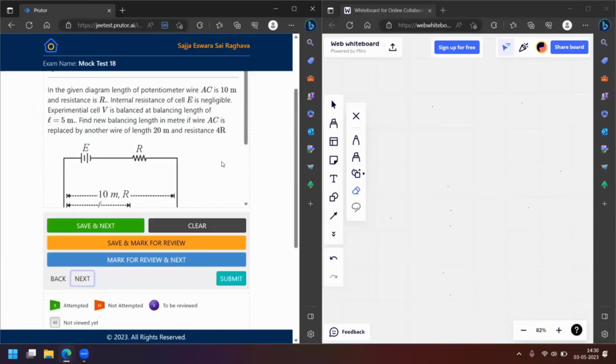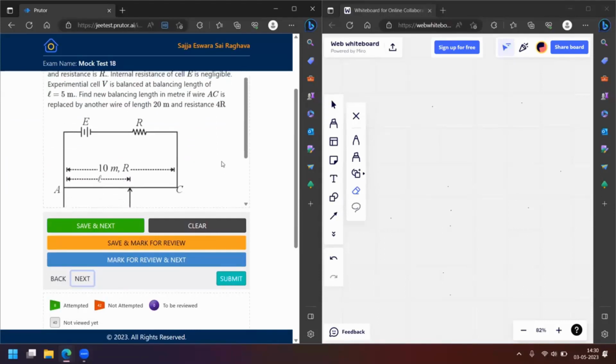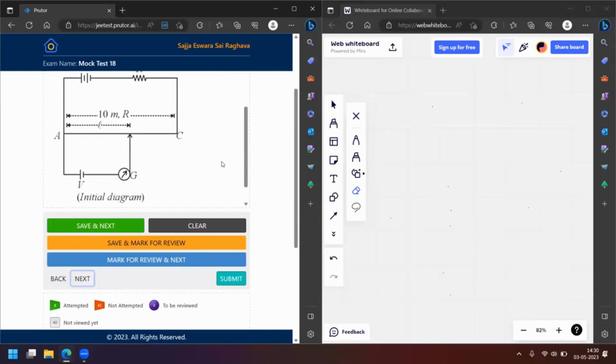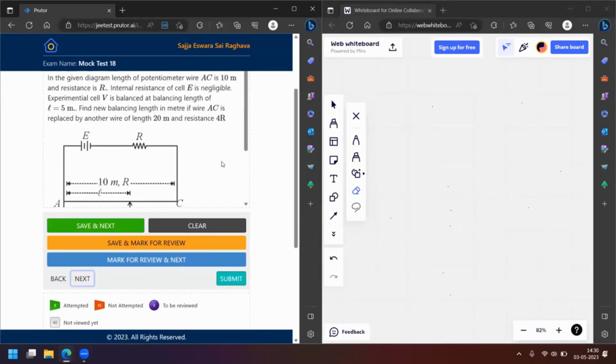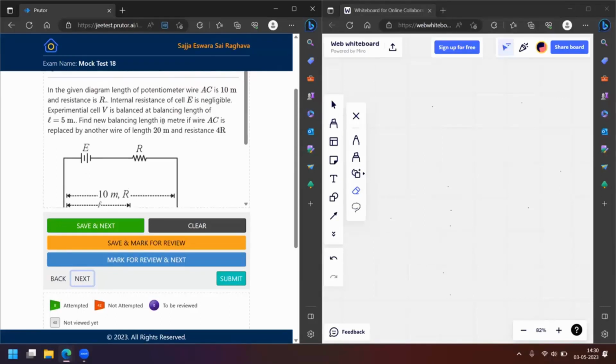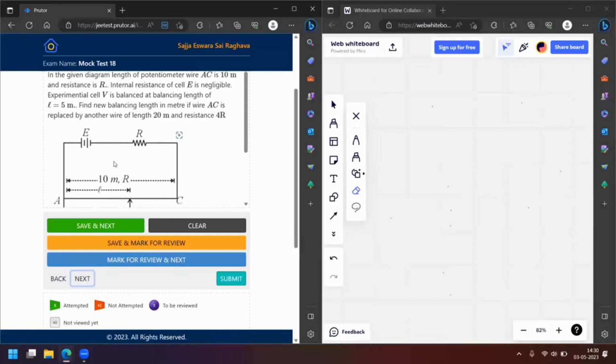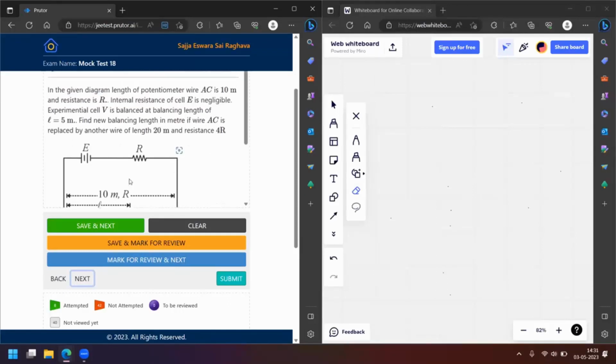This is a potentiometer principle. The overall length is 10 meter, and we have to find the balancing length. Here the resistance is changed, so we can equate the resistance of the initial length to the resistance of the replaced one.